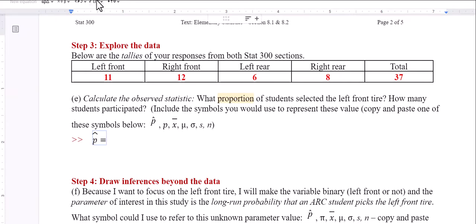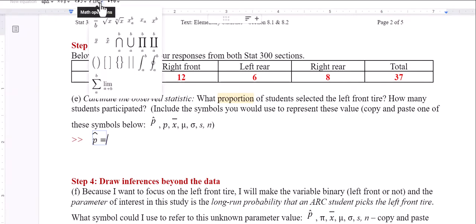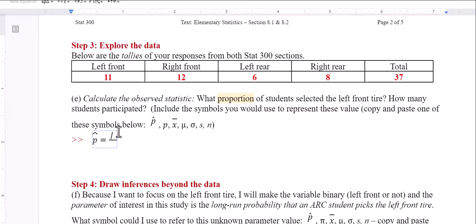So I guess since I already have that menu there, I can probably use the fraction. So 11 out of 37. And we can put that on our calculator and get a decimal. So when you do 11 divided by 37, we get 0.297. So let's round to 0.30.